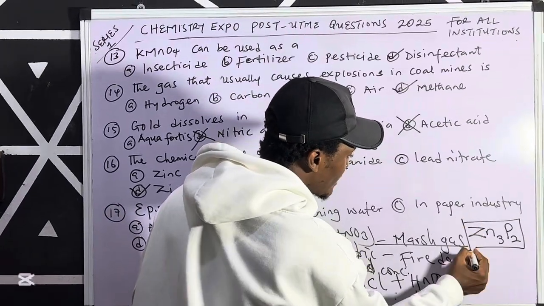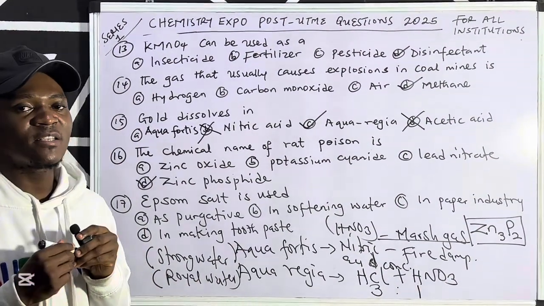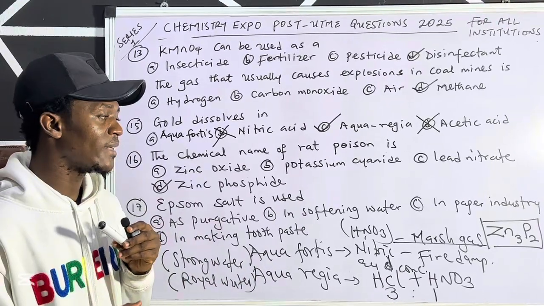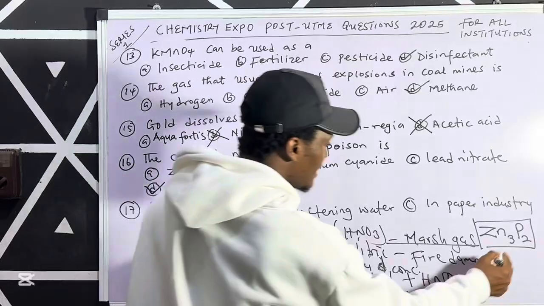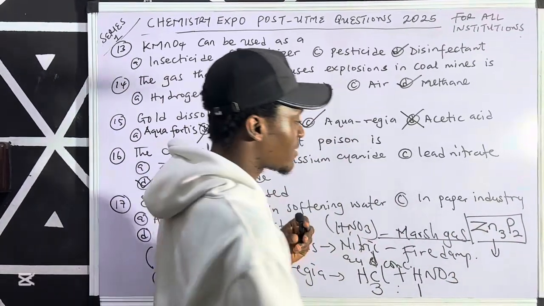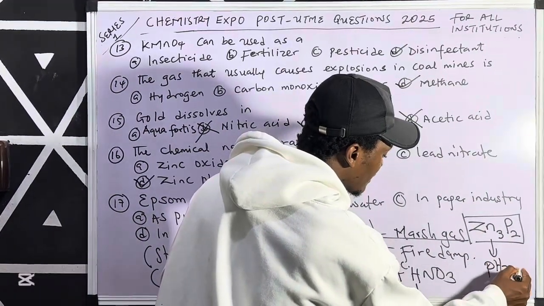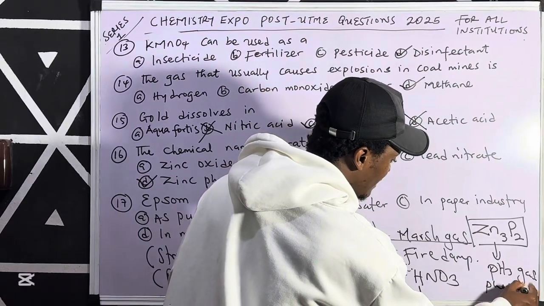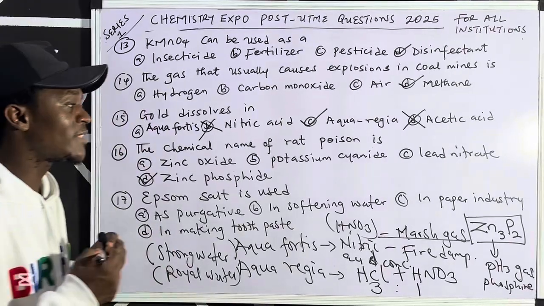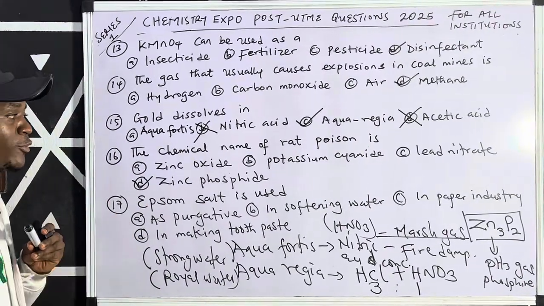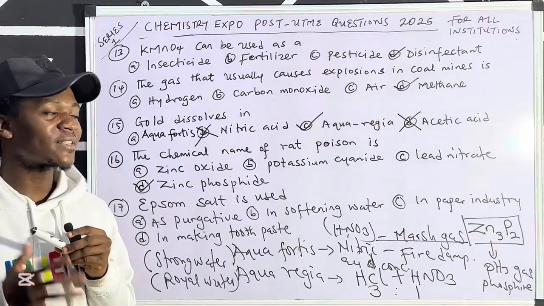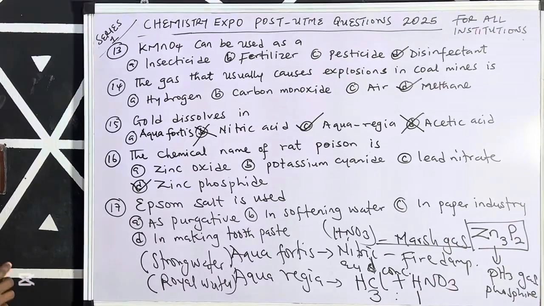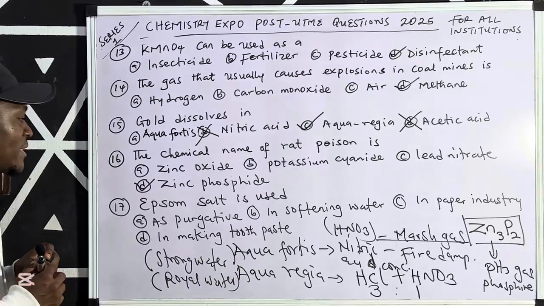Now, when this zinc phosphide decomposes, it releases a very toxic gas, which is phosphine gas. This gas is called phosphine, and it is highly toxic. So that's the reason why it's often used as rat poison. Alright, so that's the correct option, option D.